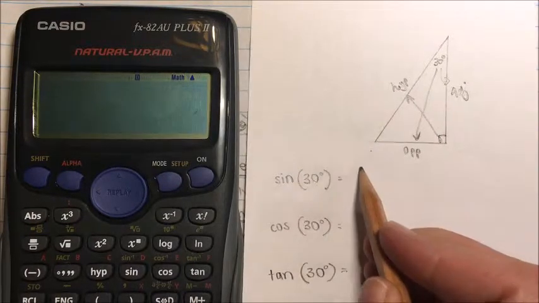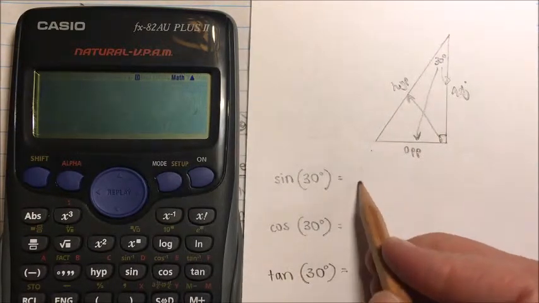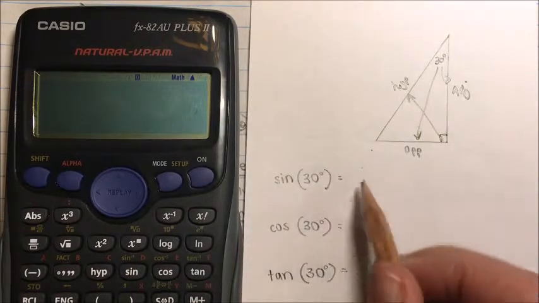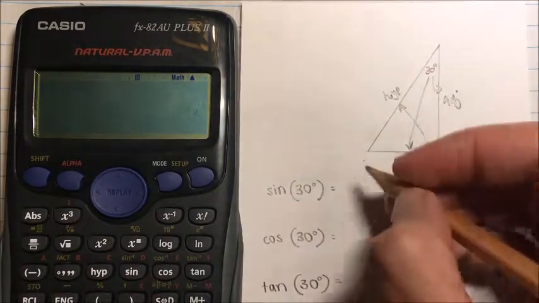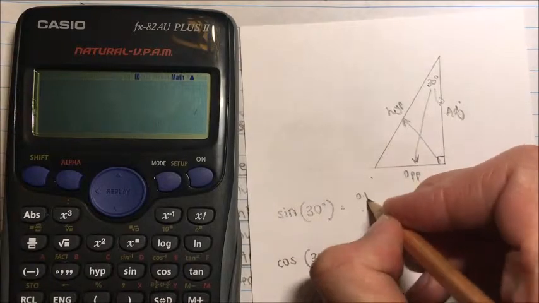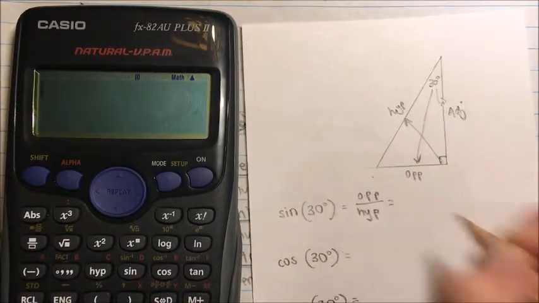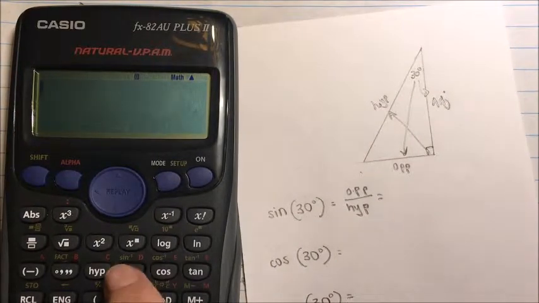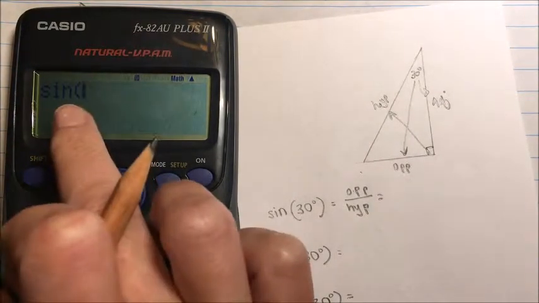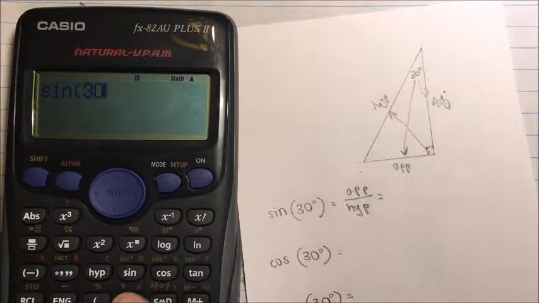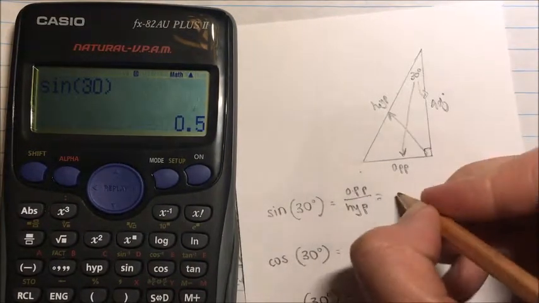So sine is opposite over hypotenuse. So, SOH, opposite over hypotenuse. And so if I've got a 30 degree angle, the relationship between the opposite and the hypotenuse, I can find out just by typing in sine, and you see the first bracket comes up by itself, 30, close my brackets, enter, 0.5.